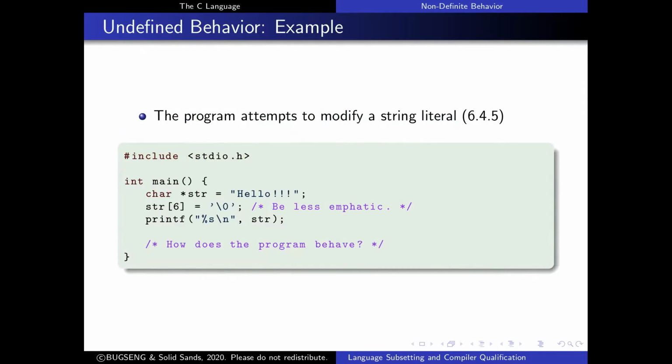It is undefined behavior when the program attempts to modify a string literal. Here we have an example program where there is a string literal, hello, with 3 exclamation marks, and the smart programmer decided that 3 exclamation marks is too much. So the programmer wants to get rid of the last 2, so it sticks a null termination character in position 6 of the string.